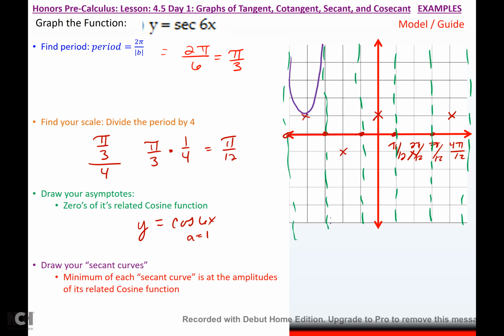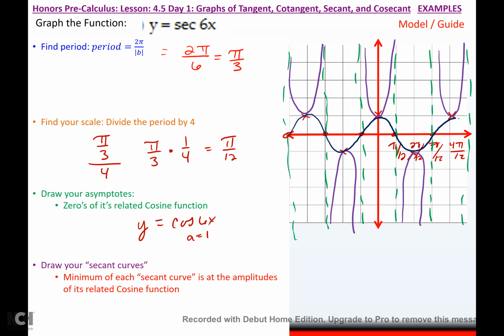So you have here, you have here, you have here, you have here, and you have here. And that would be my secant function. And if you drew in your cosine function, there's your related cosine function in the middle. Okay? Pretty cool?